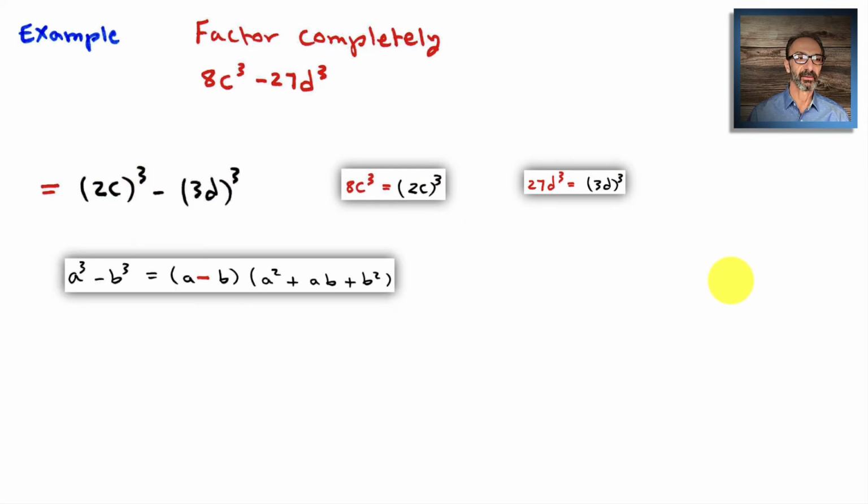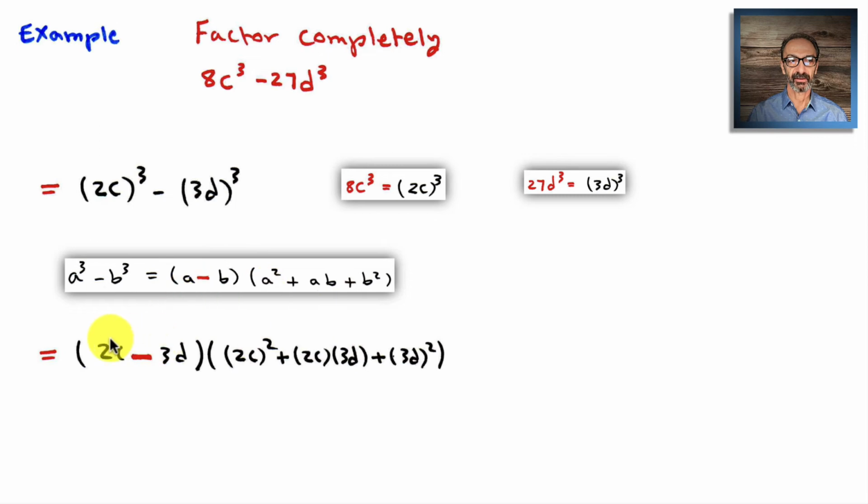and the formula, which we have had before, is right here. You just need to identify what's your a and what's your b. In this case, to apply this, a is 2c and b is 3d. So just apply it, and here's the right hand side, the minus in the first set of parentheses.